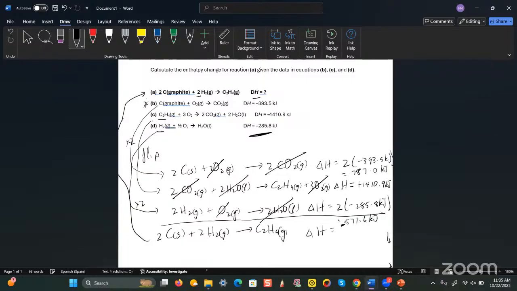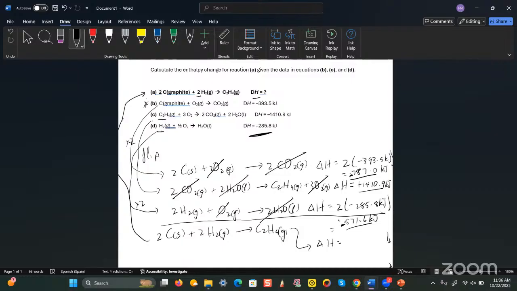So what I'm going to do now is add this to this to this, and that would be the delta H down here. So the delta H for this reaction, I'm going to add, this should be negative as well.